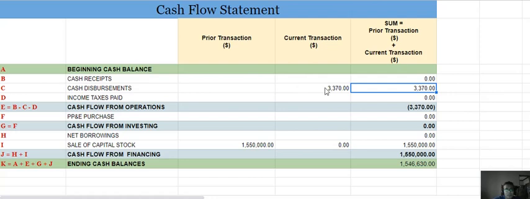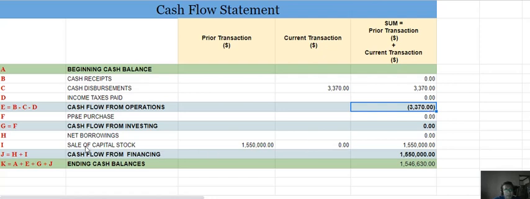So there is no prior transaction for cash disbursement, and the current transaction is $3,370, and the total amount for cash disbursement is $3,370. Here you can see cash flow from operation is negative, which is minus $3,370.